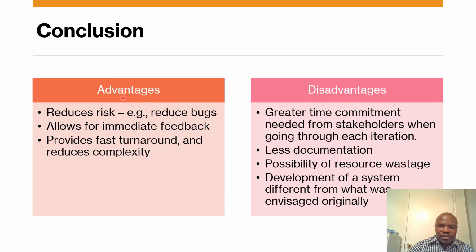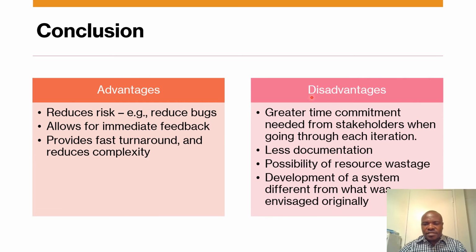There are reduced risks, for example, in software development, because of the repetition, we'll have reduced bugs in the project that is developed or in the final product. Second, it allows for immediate feedback. Third, it provides fast turnaround and reduces complexity.